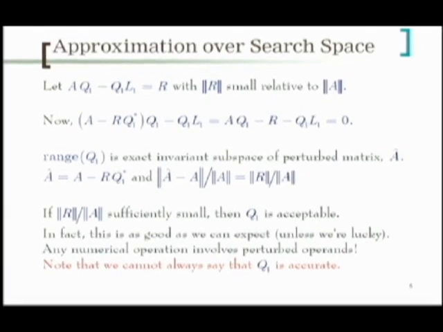What that means is that the range of Q is an exact invariant subspace of a perturbed matrix A. And if the norm of R is really small, I just made a very small perturbation of A, and that made this eigenspace exact. So if you assume that A has error in there because of the way you computed it, and those errors are larger than the norm of that residual, there's really no difference. You cannot distinguish between the A you should have had and the slightly perturbed A.